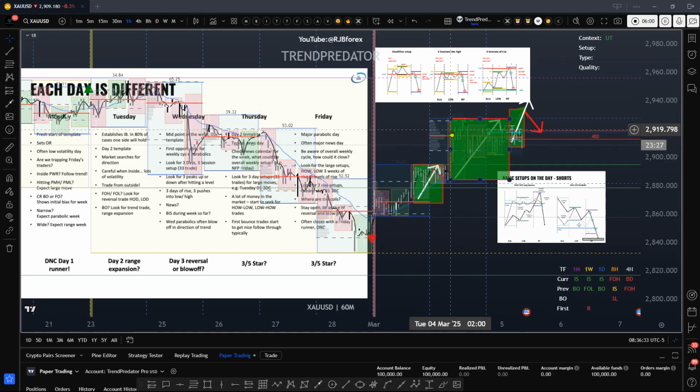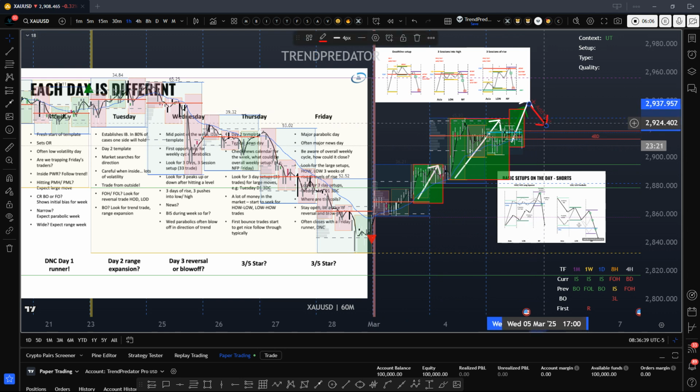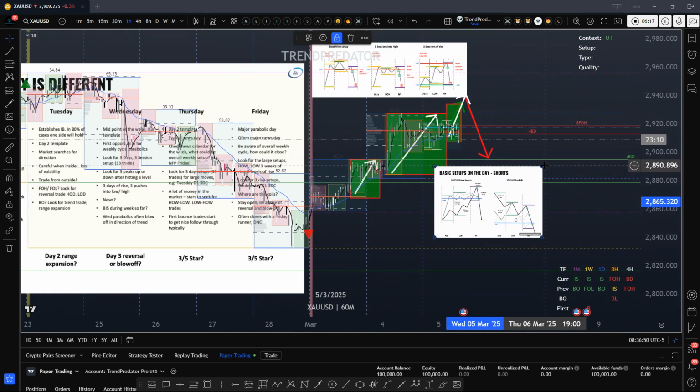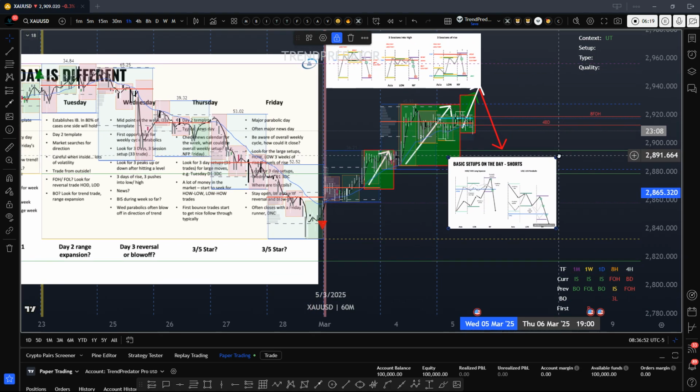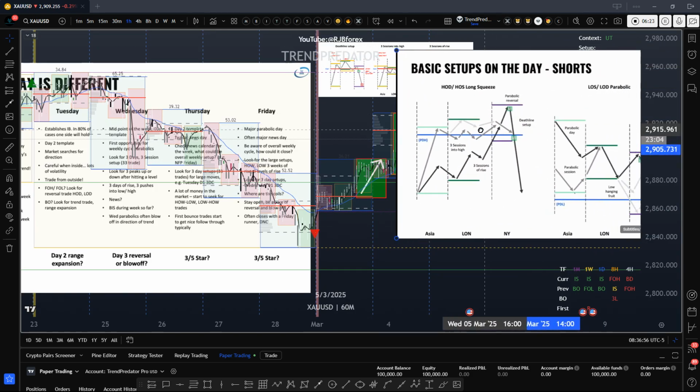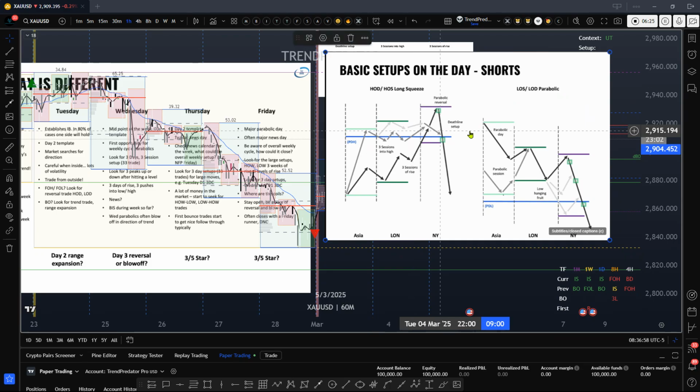So you've got 3 breakouts there, and what you can expect is a reversal, because you've got all of these traders that are long. So let's have a look at that here. Unlock that, and there we go. So these are the types of shorts that you can anticipate.